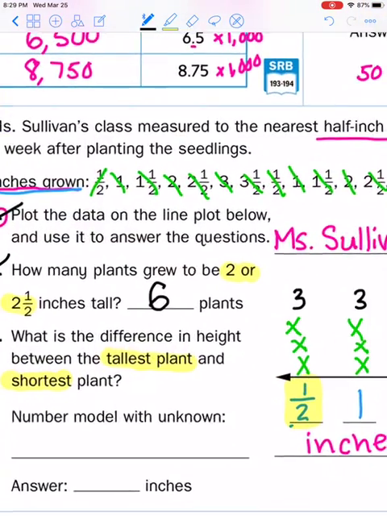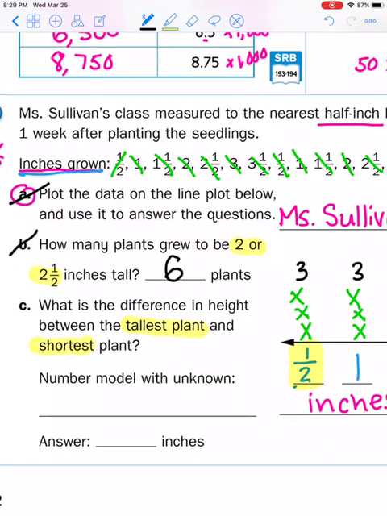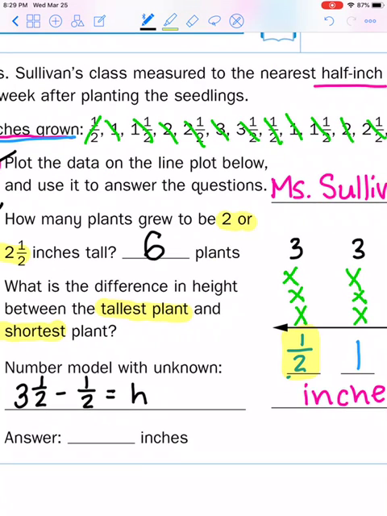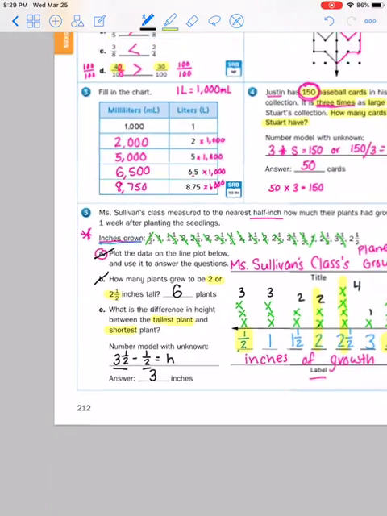I can make this a little bit bigger so you guys can see it. 3 1/2 minus 1/2 equals h for the height. What is the difference in height? And I know that those two halves cancel each other out, and you are left with 3 inches. So 3 1/2 and 1/2, the difference is 3 inches.